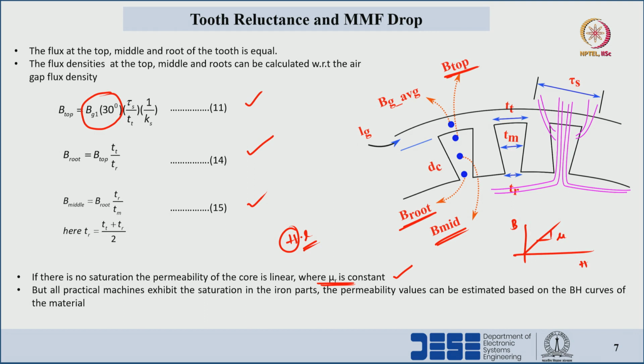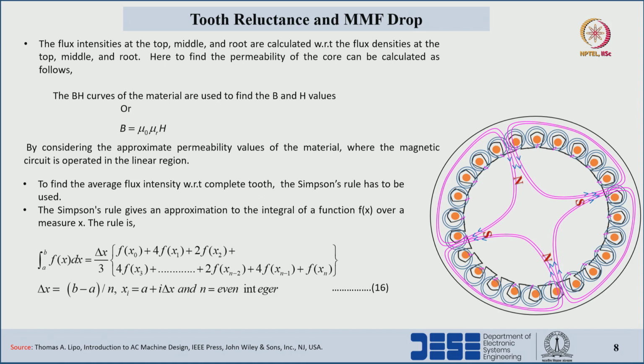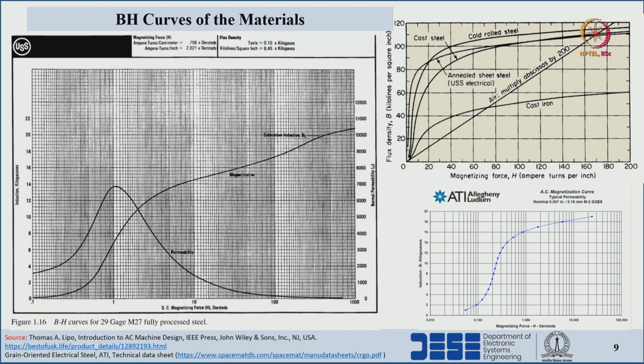But practical machines exhibit saturation, so the permeability values will be estimated based upon the BH curves of that particular material. We will see the BH curves for different materials in the next slides. We can see here the BH curve with respect to the different materials.